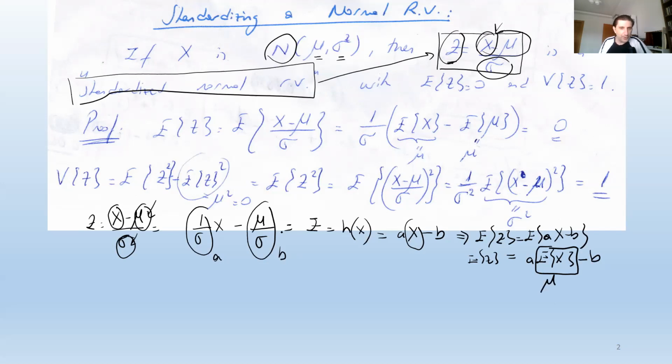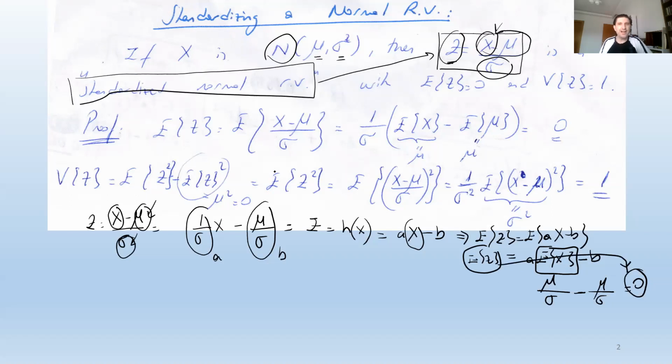Therefore, A is mu over sigma times, minus B which is again mu over sigma. Therefore, this is going to be equal to 0. So simply the expected value of Z is equal to 0.